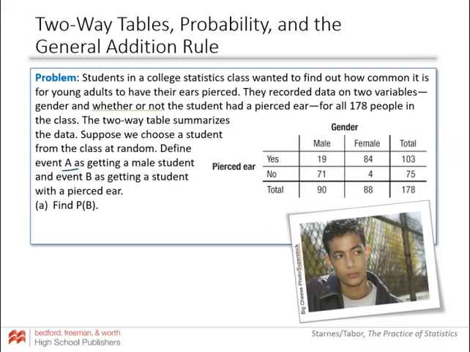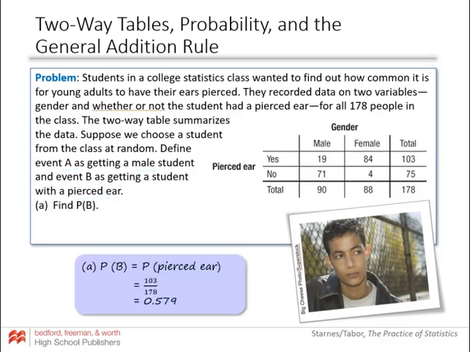Event A is the student being male, and event B is them having a pierced ear. So find the probability of B, the probability that someone has a pierced ear. I'm just looking at the yes column. 103 of the 178 people have their ears pierced. I can either leave that as a fraction or turn it into a decimal and say that proportion is 0.579.